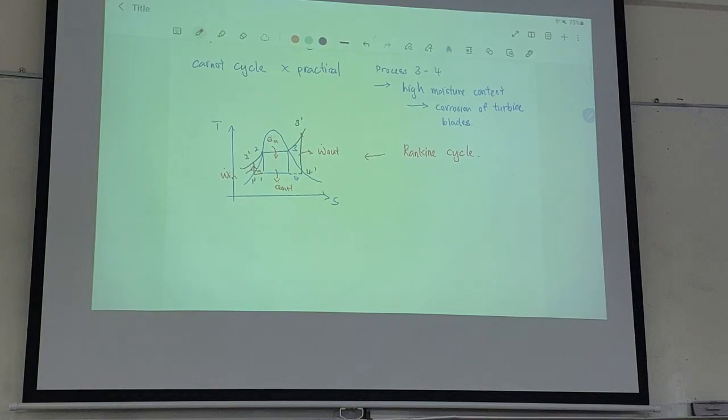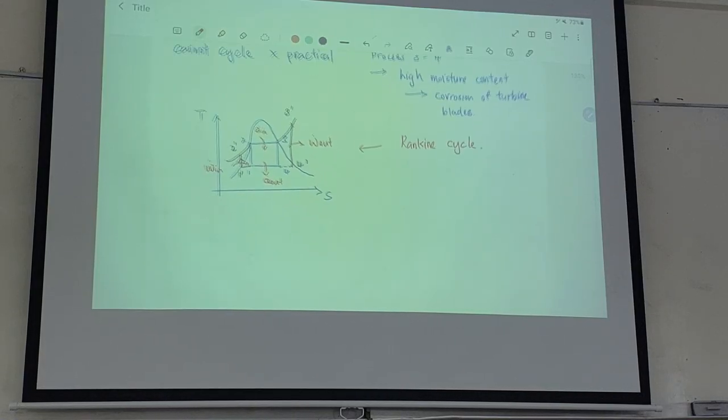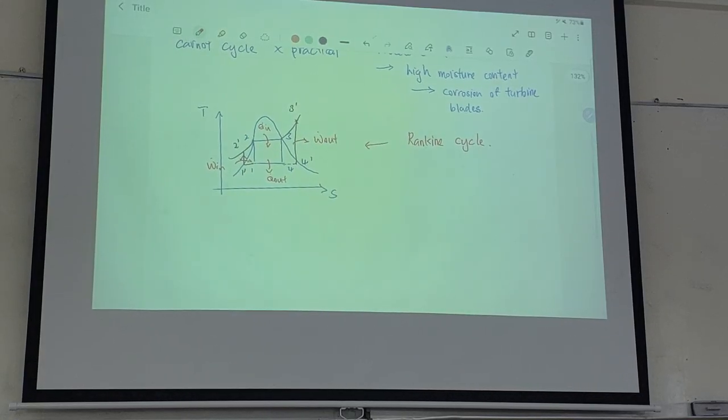So after studying about open systems, we know that each of these, work out, work in, Q out, Q in, we can find them through the difference in the enthalpy of each of the states. So in this case, the only exception here, not really exception, but the only one that we make a bit more assumption here would be state 1 to 2. So I will only show that one. The rest is just a change in enthalpy.